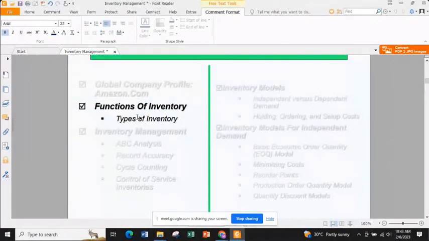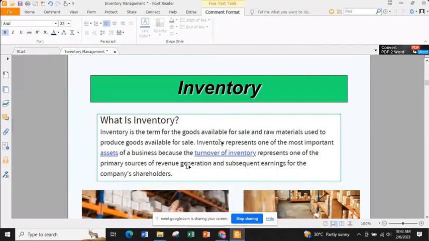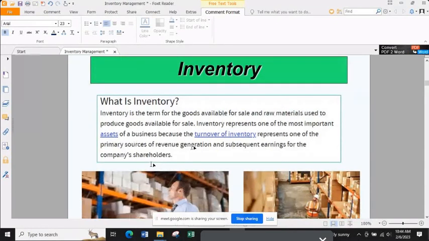Okay, function of inventory. Types of inventory. So inventory is the term for the goods available for sale and raw material used to produce goods available for sale. Inventory represents one of the most important assets of a business because the turnover of inventory represents one of the primary sources of revenue generation and subsequent earnings for the company's shareholders.